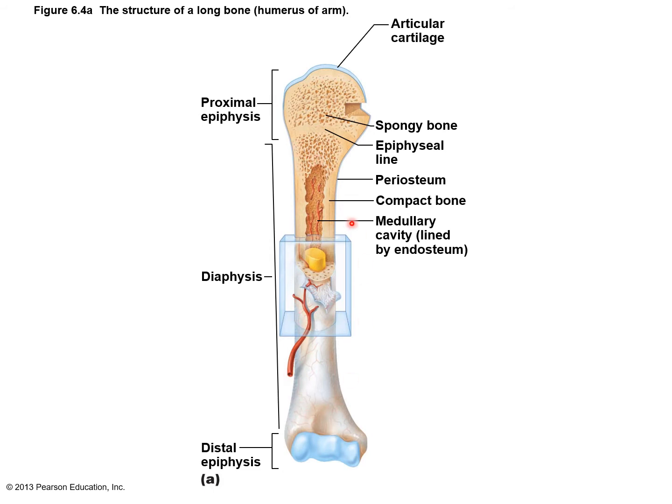The shaft of the bone, which is this region right here, we refer to as diaphysis. So you have the two ends, the proximal and distal epiphysis, and then you have that middle portion, the shaft, which is the diaphysis. You can see the compact bone on the exterior, and if you split the bone open, you will see the spongy bone on the inside.